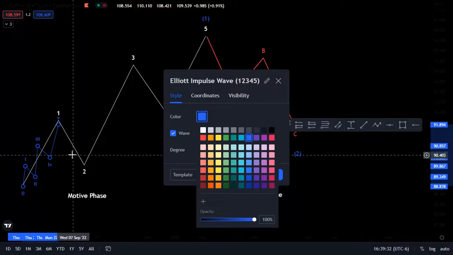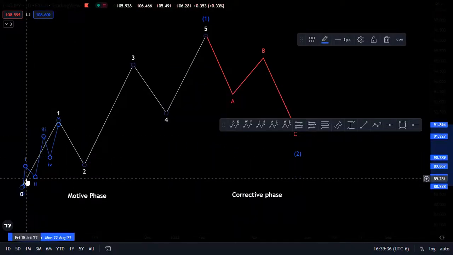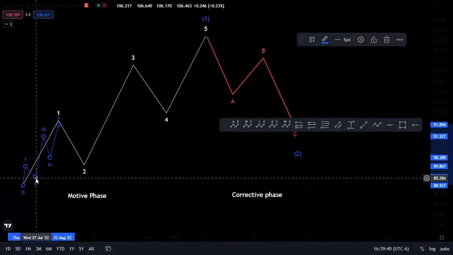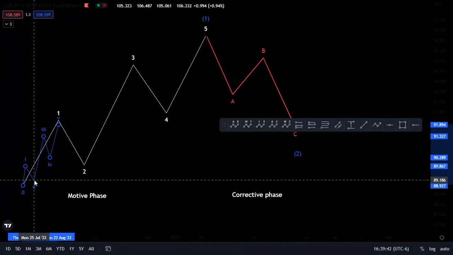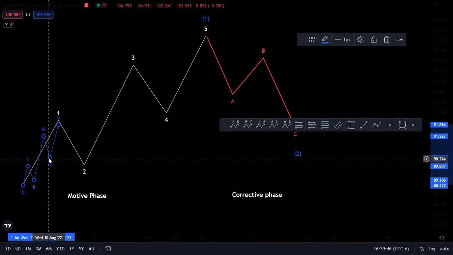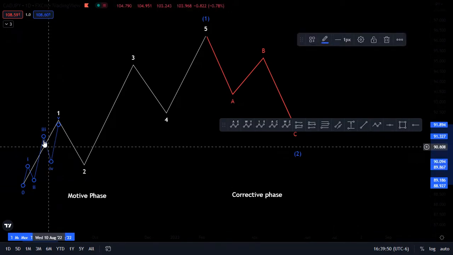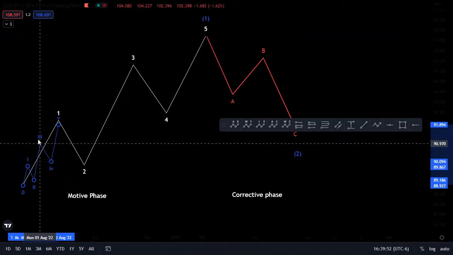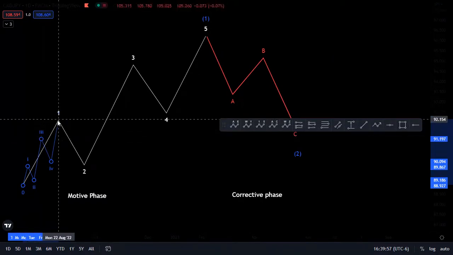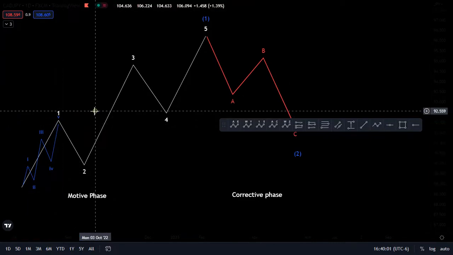Let's use blue. So remember, rule 1 of our 5-wave pattern is that wave 2 doesn't go beyond the start of wave 1. Wave 4 doesn't enter the price territory of wave 1. Then wave 3 is not the shortest wave.